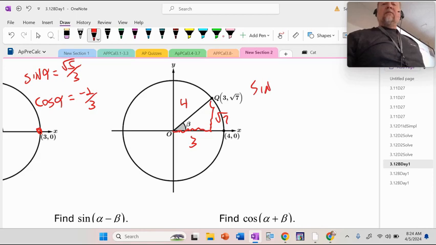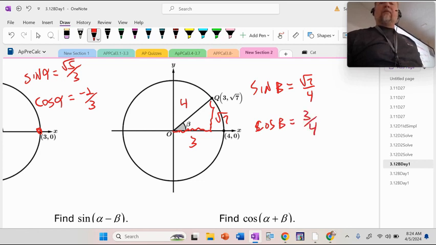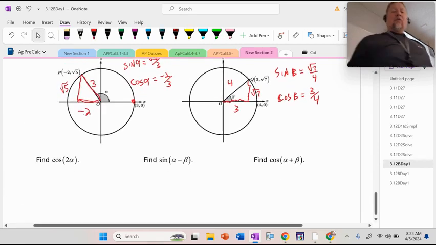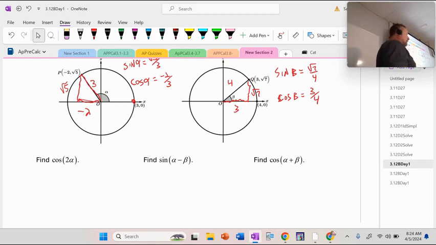By the way, you could tell that these are not unit circle evaluations. Doesn't always have to be. And then cosine of beta is 3/4. Okay, well, now we're really set up for all of these. For cosine 2 alpha, you have to pick one. So this is why I always say just pick one that has just one of them.